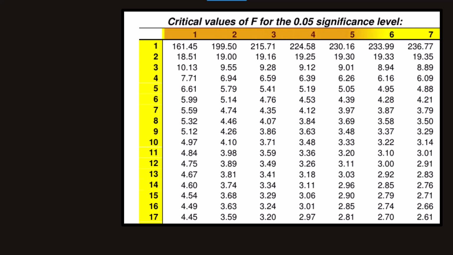The numerator degrees of freedom are stated in the top first row of the table with yellow color. Move to 3. The denominator degrees of freedom are stated in the leftmost first column of the table with yellow color. Move to 12. Then look for the value by moving inside the table.